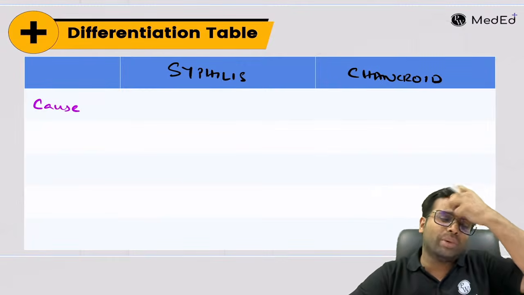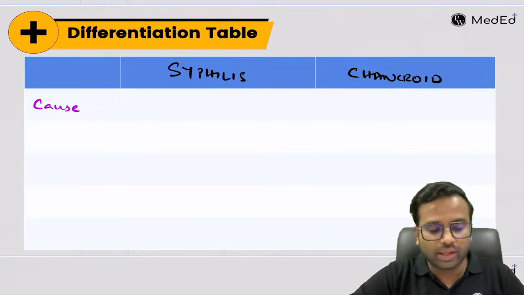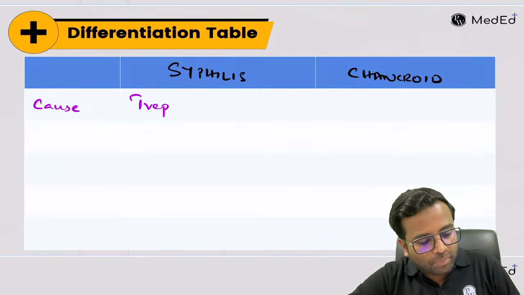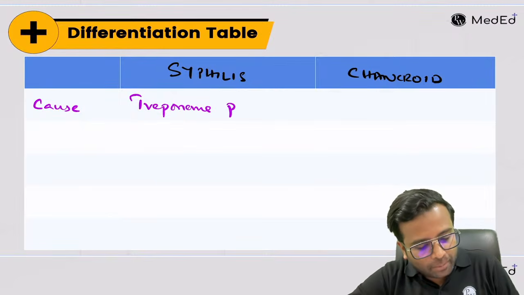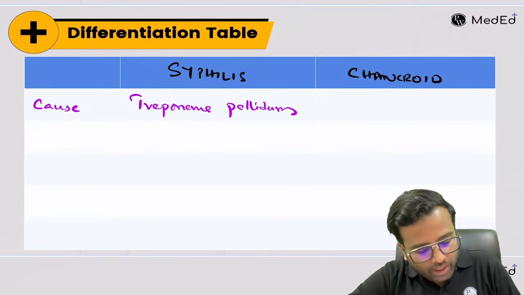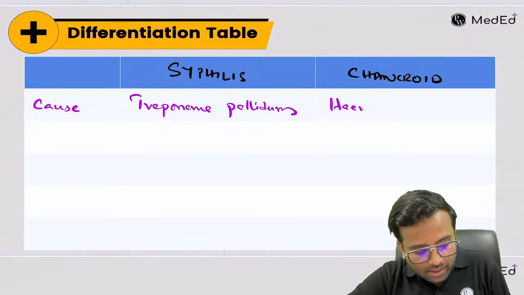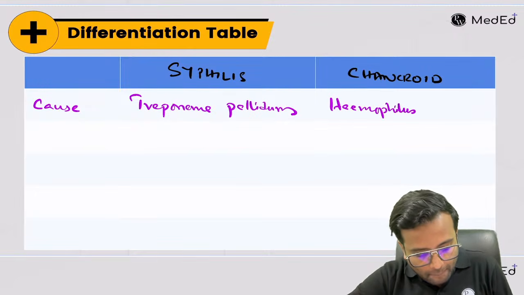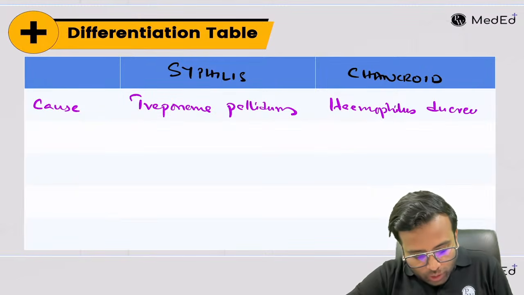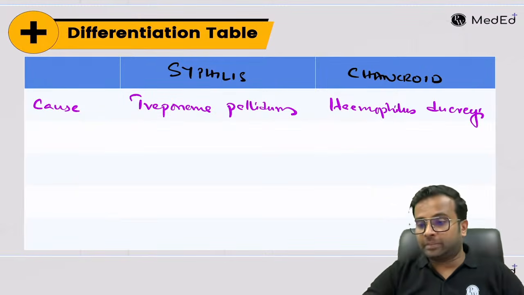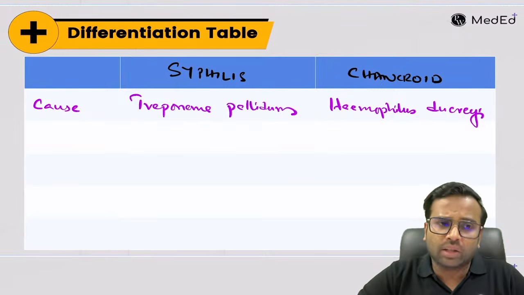Just a few minutes ago we discussed that syphilis is caused by Treponema pallidum, whereas chancroid is caused by Haemophilus ducreyi, right?